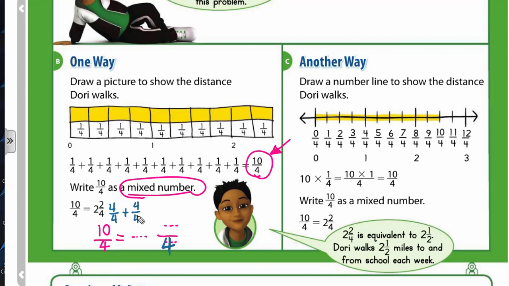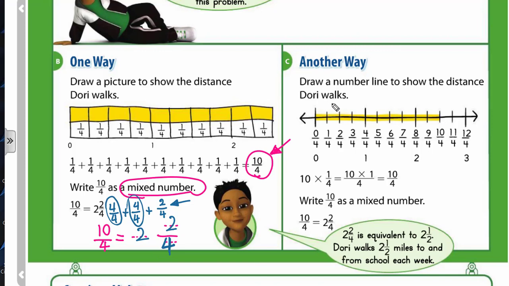Now how many fourths? 8. What do we have left? 2/4, right? So this is whole 1 and this is also whole 1. So how many wholes do we have? Whole 2. And how many fourths left? 2/4 left. Any problems?